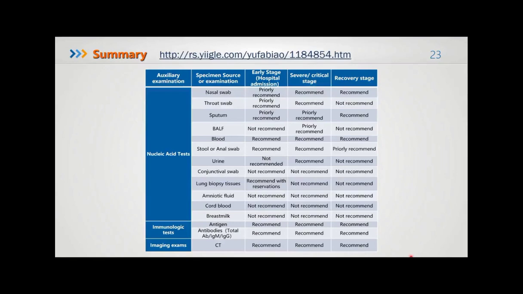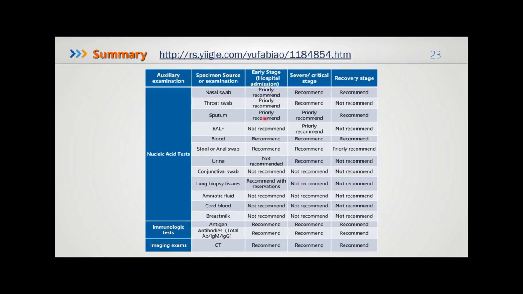Okay, this is the last slide. I want to summarize all this information. For the early stage of the disease or at the time of hospital admission, nasal swab, throat swab, and sputum sample are preferably recommended for nucleic acid test.